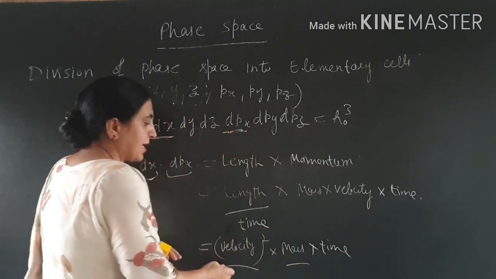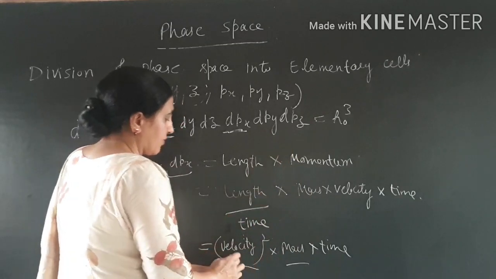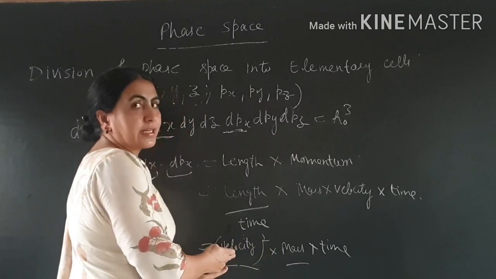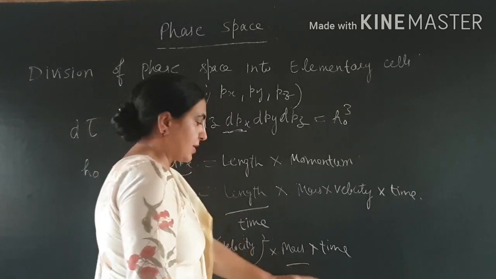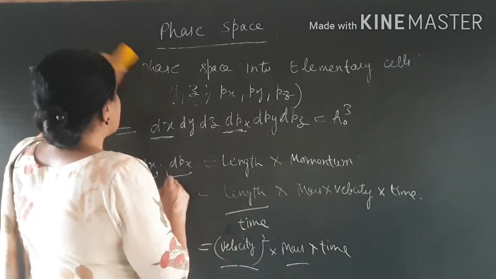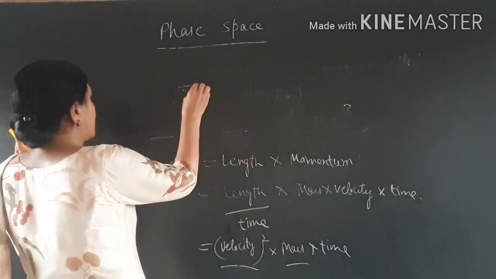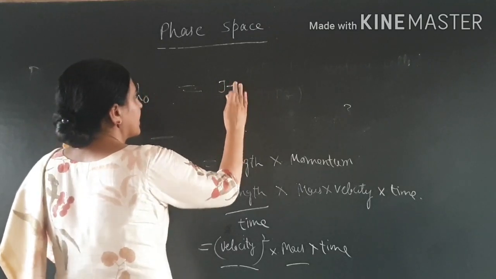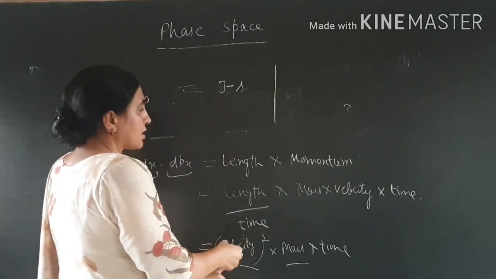And what is mv square? In terms of units, mass into velocity square is joule, and joule times second is joule second. So this is equal to the units of h naught, that is, joule second.